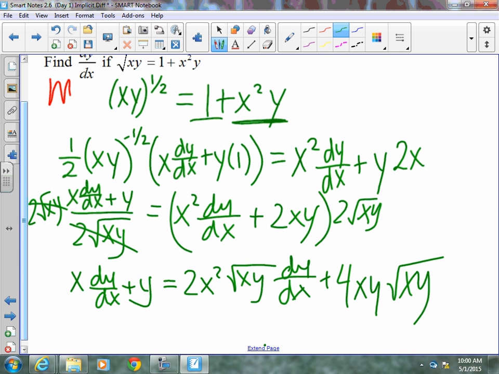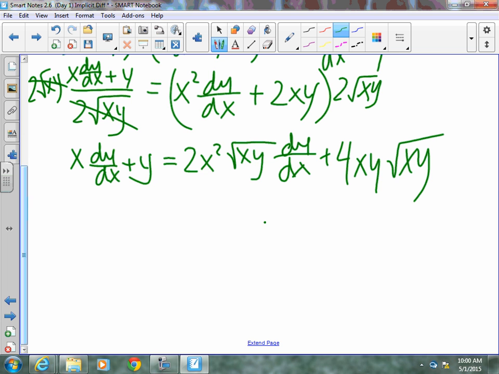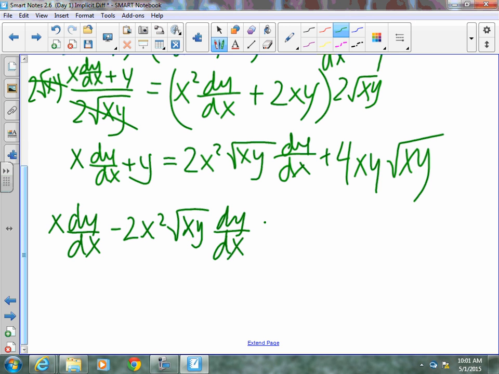Now we need to solve for dy/dx. Keep our x dy/dx on the left. Move the 2x squared radical xy dy/dx to the left. Keep the 4xy radical xy on the right, and bring the y to the right also.